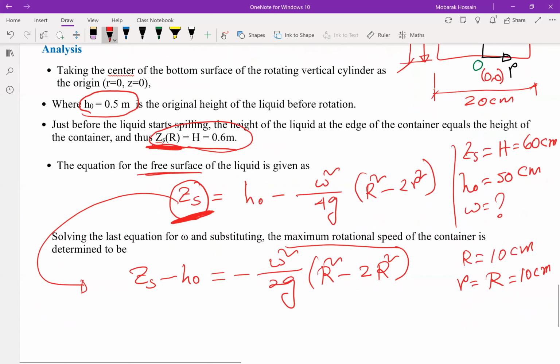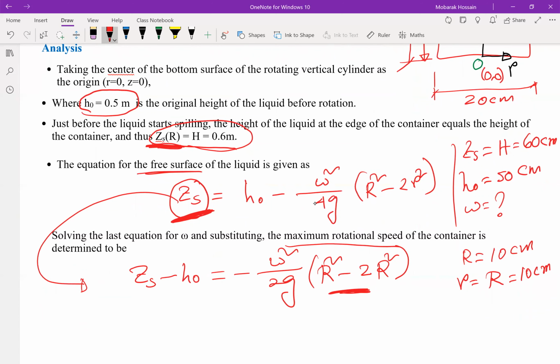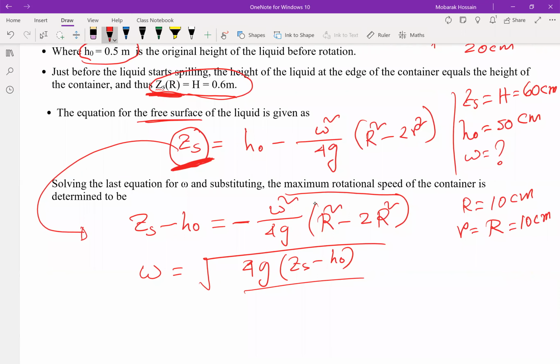Now you can see inside there will be negative r square, so this negative will become positive. So we can write omega equal to root over 4g times zs minus h naught divided by r square.